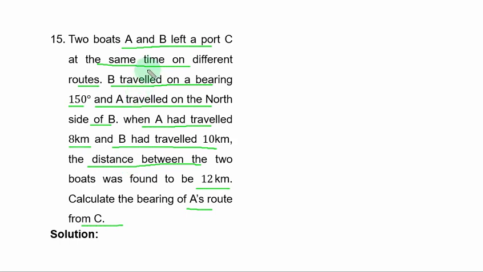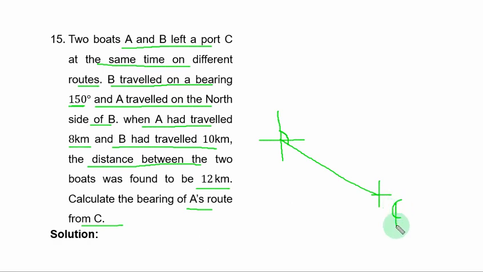Solution. The two boats left the same port, that is C. So let's have somewhere here as port C. B traveled on a bearing of 150 degrees from the north, so we have point B somewhere here.